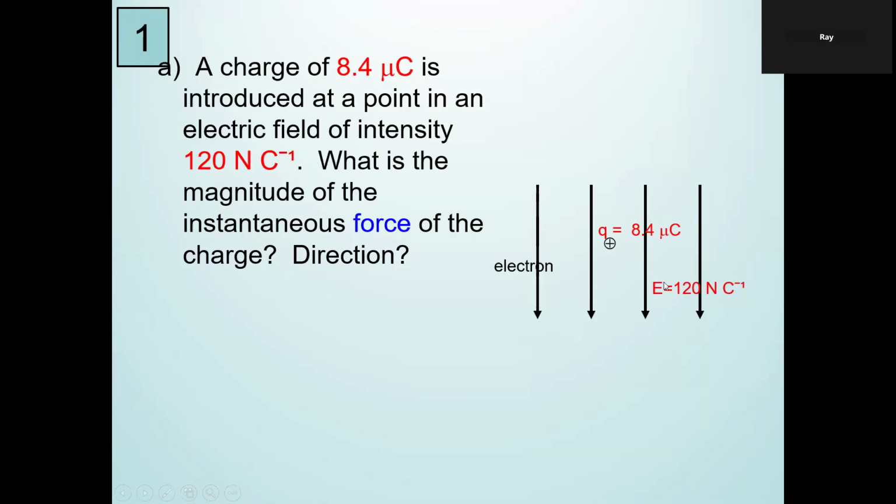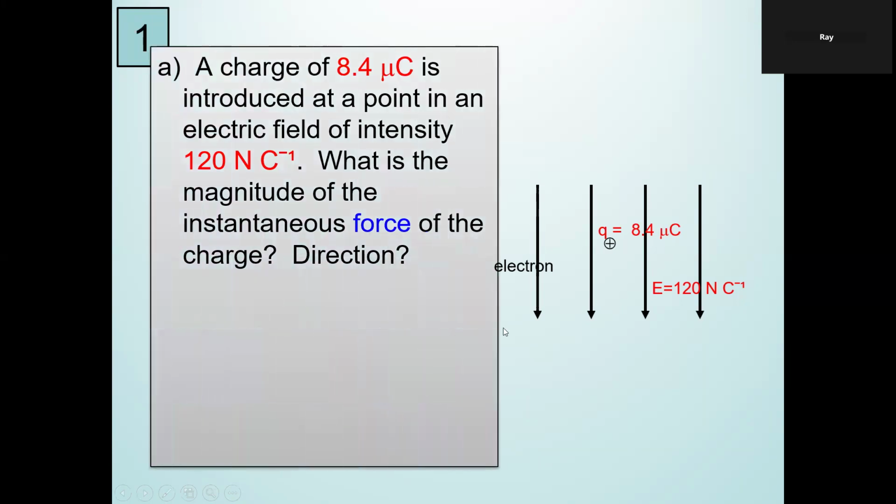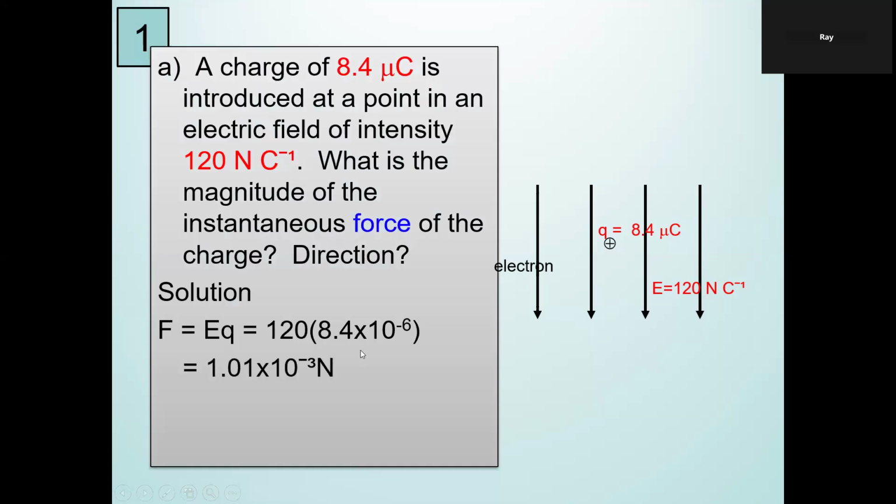What's the magnitude of the instantaneous force on the charge? We should be able to calculate it. F equals EQ. 120 is E, and then there's the charge. Convert to SI units and calculate. Where's the direction of the force? Downwards, parallel to the electric field.